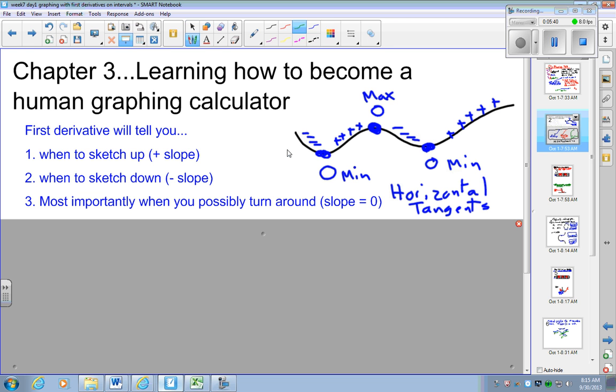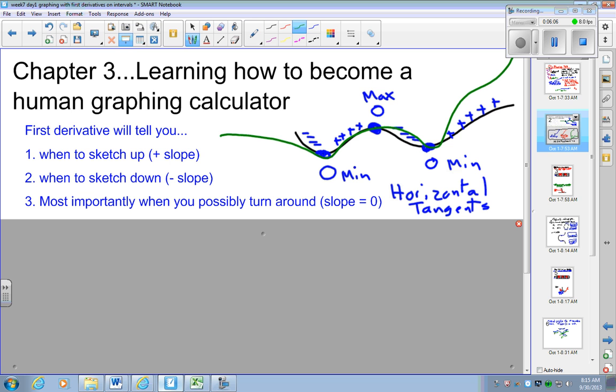So I could have the same idea, but maybe look how this bends. If I bend it differently, and maybe this bends differently, and maybe here I bend it there.